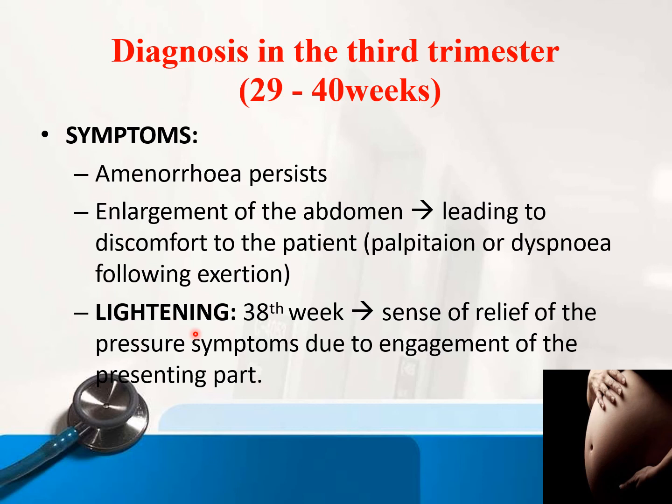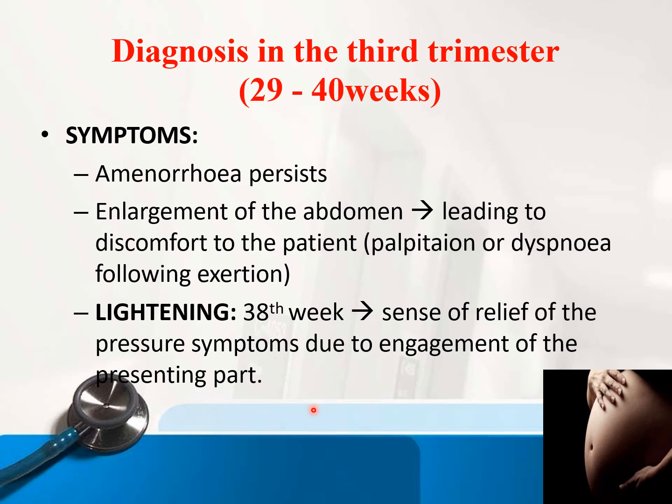Already I told you that by 40th week, the size of the uterine fundus will decrease. It will come down to around 2 cm below the xiphoid process of the sternum, or almost where it was at 34 to 36 weeks, and it is due to the process of lightening.